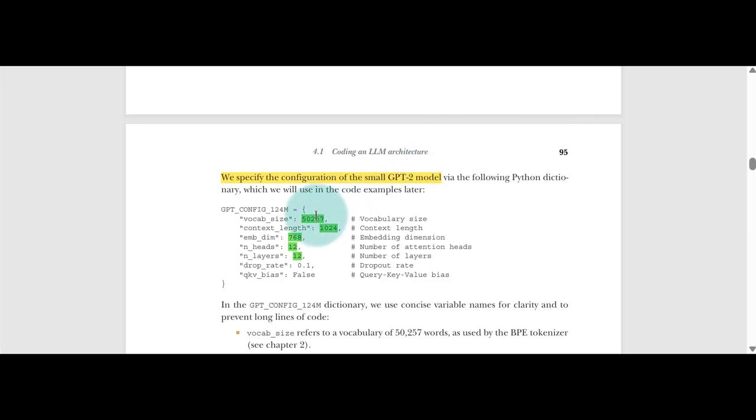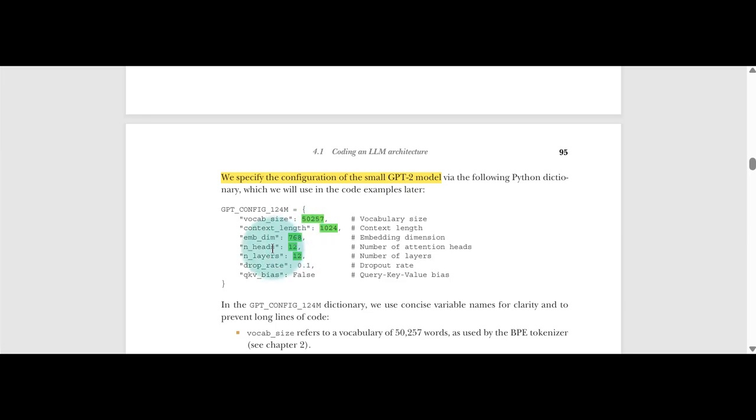So we talk about the vocabulary size and the context length, which is the maximum number of tokens an input sequence can have, and the embedding dimension. We said we were only using like 3 or 2 before, but we're going to use 768 typically. But we'll just have this dictionary, we'll load it in, and we can change this to whatever we want.